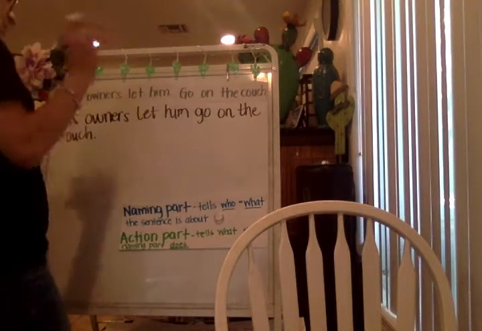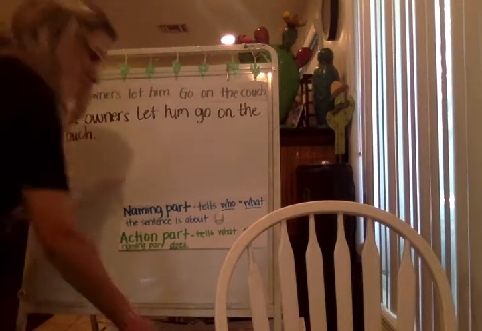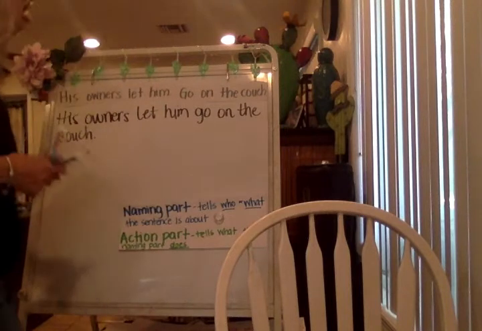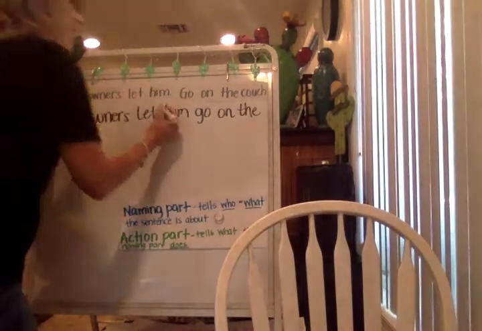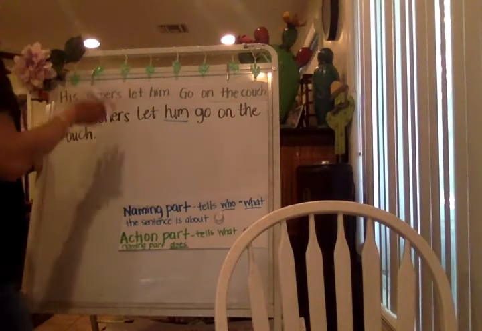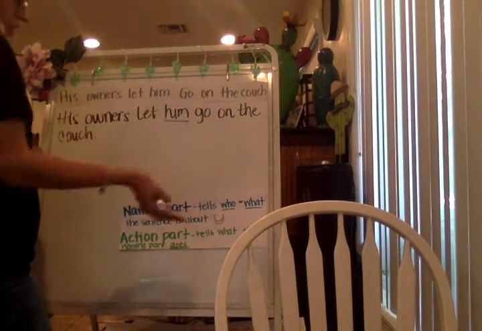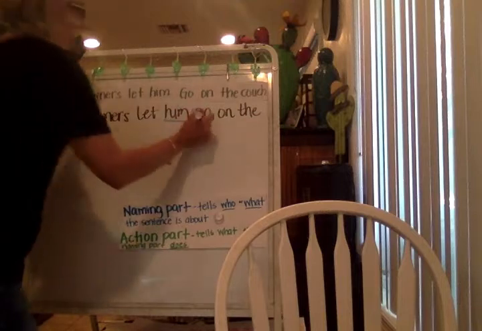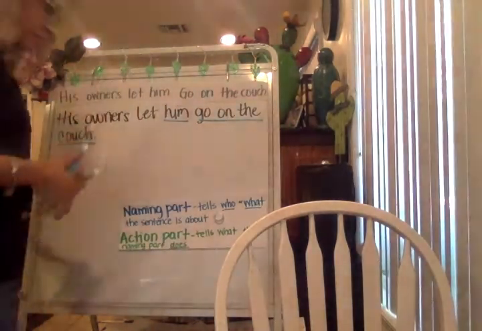And that tells a complete thought. If I was looking for the naming part, then remember the naming part tells who or what the sentence is about. Him, that's part of the naming part. His owners are also there, but he is the one who is allowed to go on the couch. And so the go on the couch is part of the action for that.